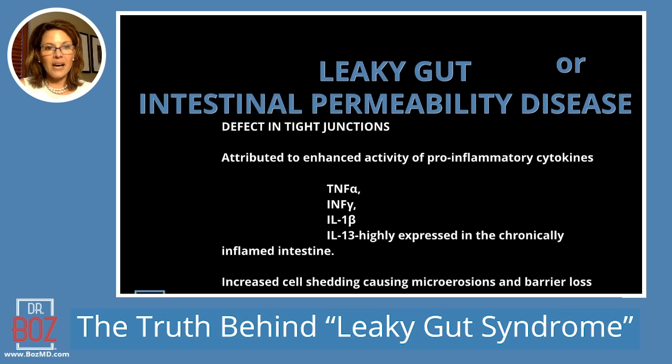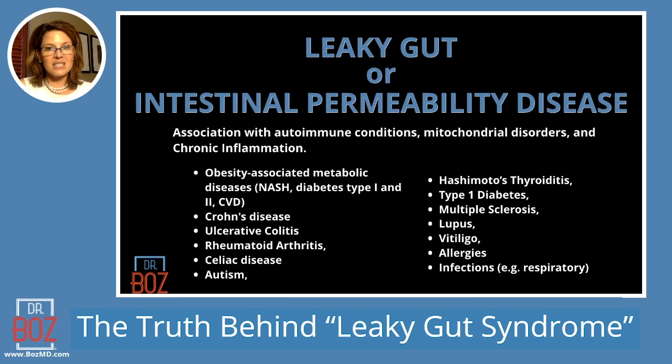When I look at leaky gut, I use this list to ask, what do we have associated with these intestinal permeability diseases? They are obesity related, specifically when they have NASH or non-alcoholic steatohepatitis. We also see type 1 or type 2 diabetes, cardiovascular heart disease, Crohn's disease, ulcerative colitis, rheumatoid arthritis.